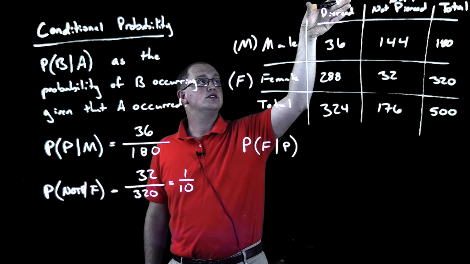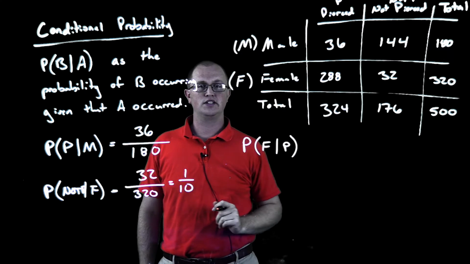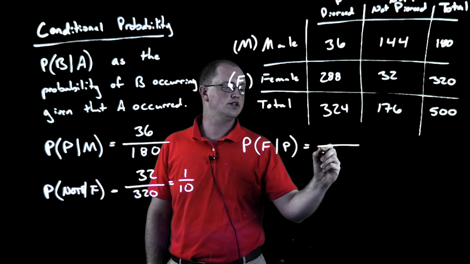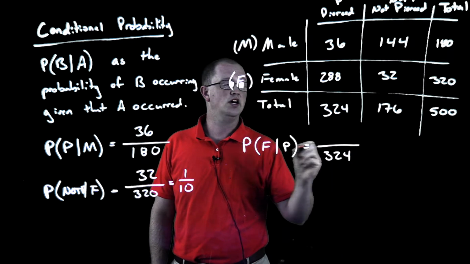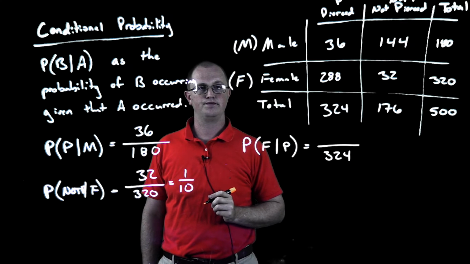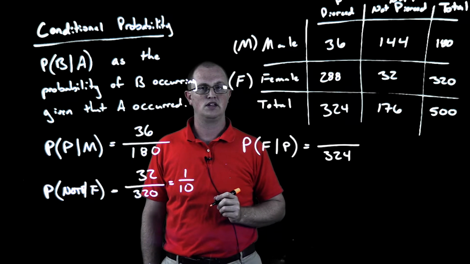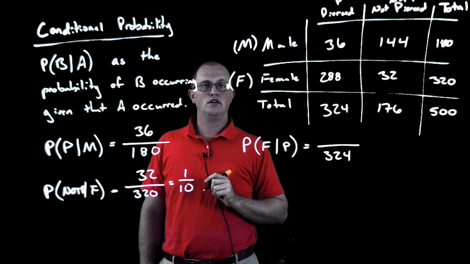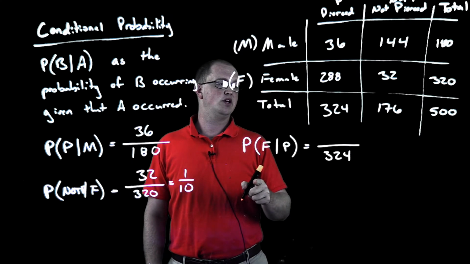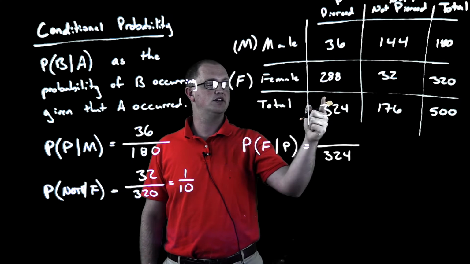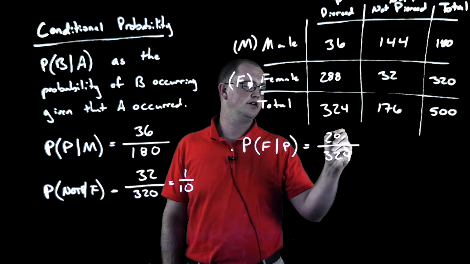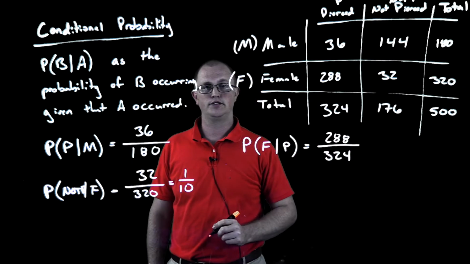So we're considering only the column of people who said that they have pierced ears. And so instead of the total 500 respondents, we're only considering the 324 who said that they have pierced ears. And so answering the question of what's the probability that they're female, we say, well, how many of those people who said that they had pierced ears identified as female? That would be 288.